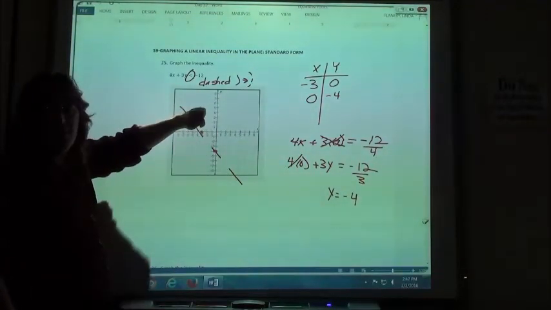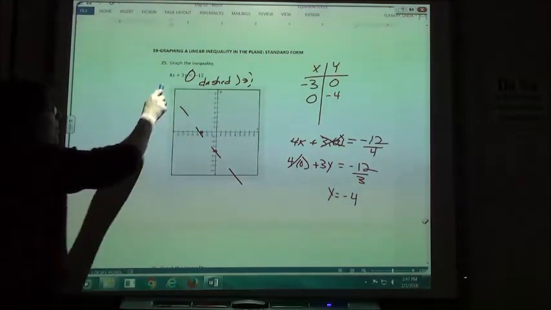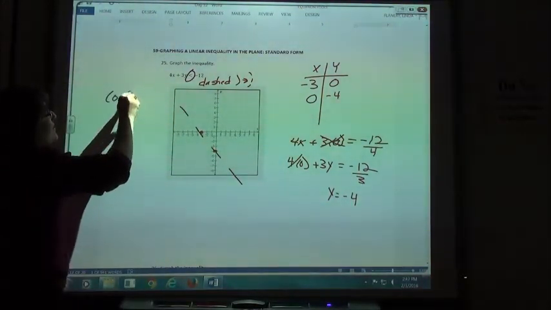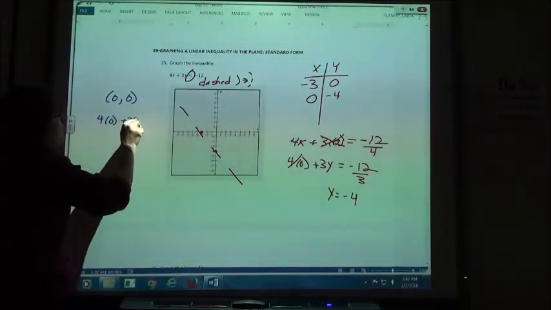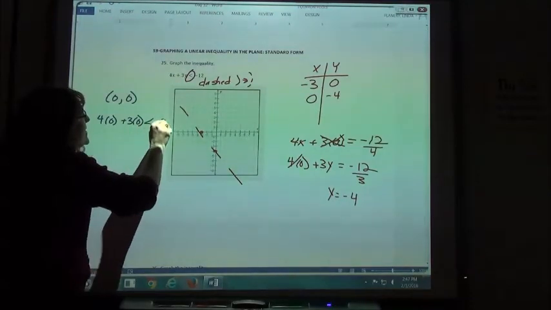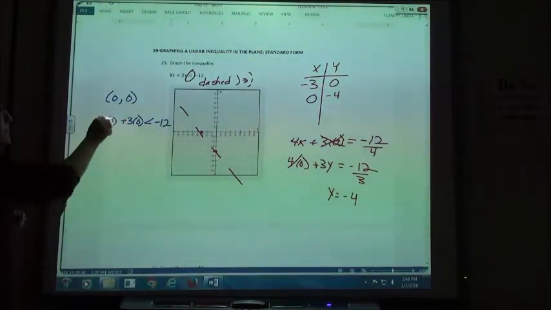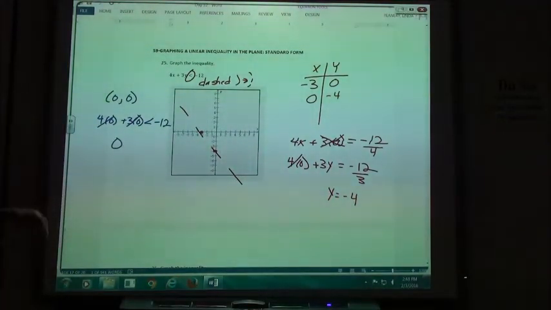A, I know where 0, 0 is, and B, it's easy to substitute in. So I take my original equation and put 0 in for x, 0 in for y. So 4 times 0 plus 3 times 0, is that less than a negative 12? Well, why did I use 0, 0? Because that makes this 0 and this 0, and so my whole side is 0. That's easy to do.